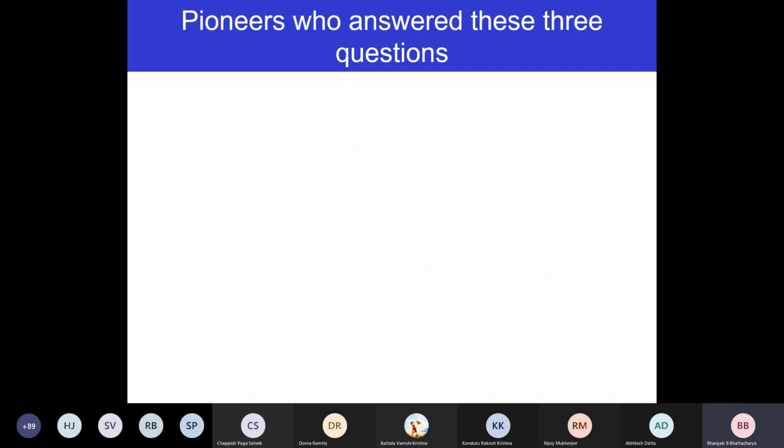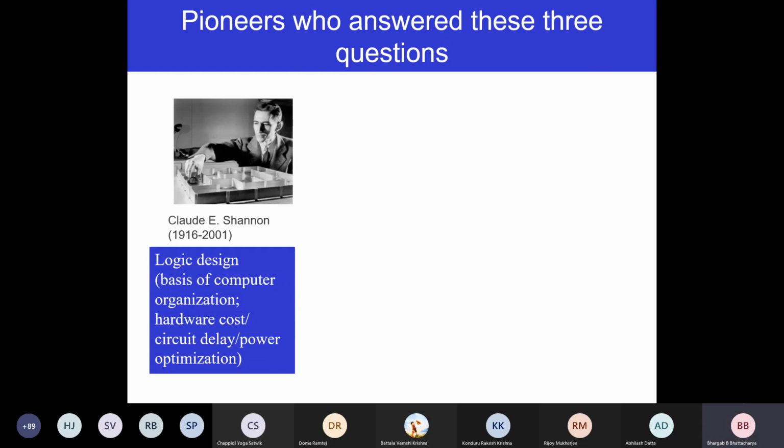Well, so these three questions have been answered by three pioneers. The issue of logic design or logic synthesis has been addressed by Claude Shannon, and you have already studied this in your switching theory and automata courses.